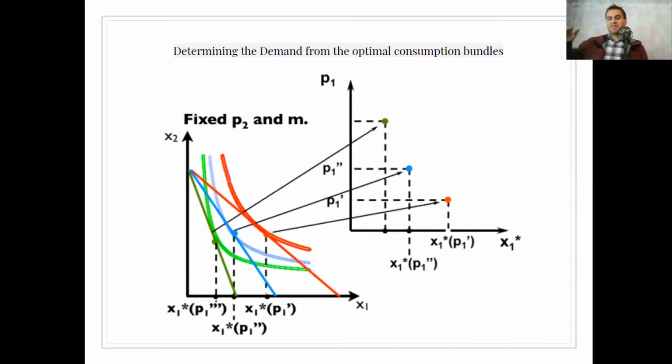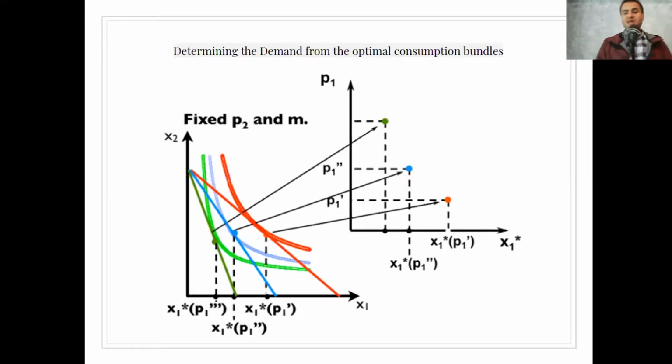You can estimate, if I increase the price 10%, how will the consumption of my good change? What will be the new optimal consumption bundle for my customers? You calculate and estimate different possibilities, and you can essentially draw the demand curve as the slide indicates.